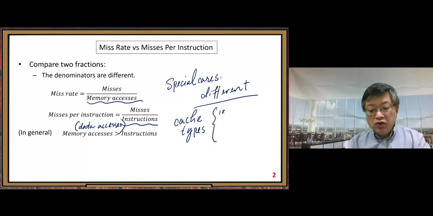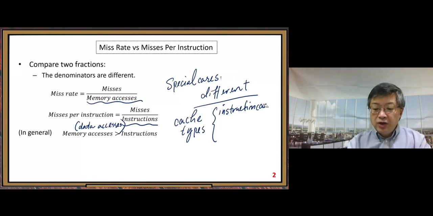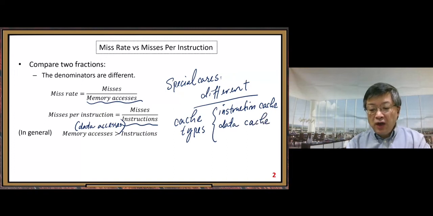One type is called instruction cache. Instruction cache means this cache is only used to store instructions. Data cache only stores data items.